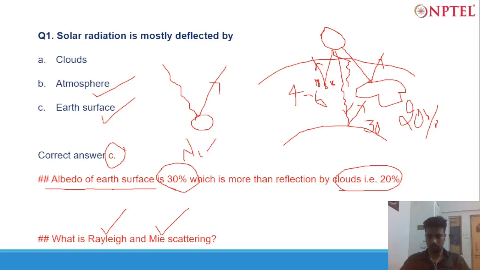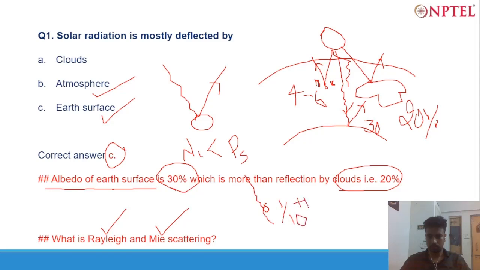In Mie scattering, what happens? The particles should be very much smaller than the wavelength of the light. It should be less than the wavelength of light. If you want the exact data, it should be 1/10 of the wavelength of light.